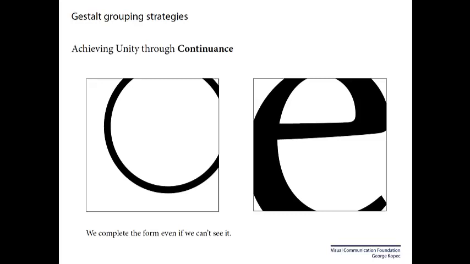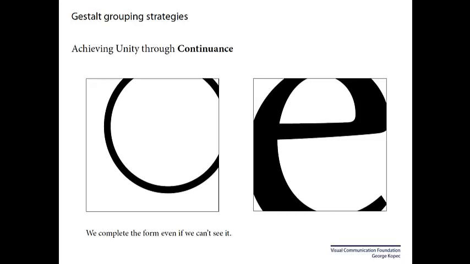Continuance is the last one we'll look at. Continuance is when we complete the form when we can't see it, when it's going outside the field of vision. On the right, we all know that's a letter E in this culture because we've seen it so many times. On the left, that's definitely a ring or a circle.